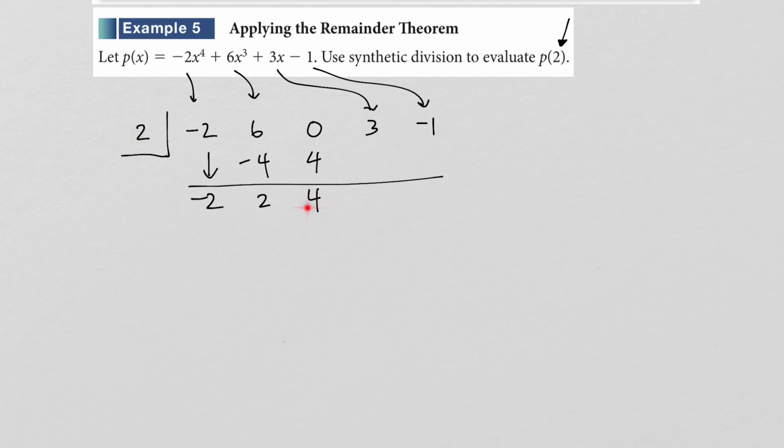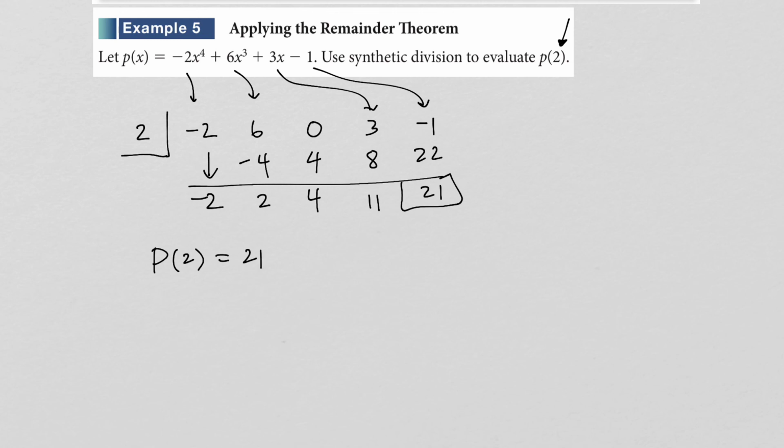And 2 times 4 is 8, and we add 3 and 8 to get 11. Finally, 2 times 11 is 22, and when you add negative 1 plus 22, you get 21. So, using synthetic division, we can see that P of 2 is equal to 21.